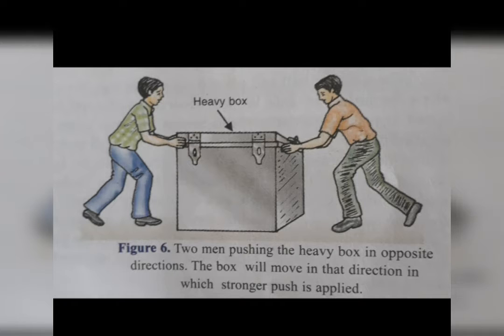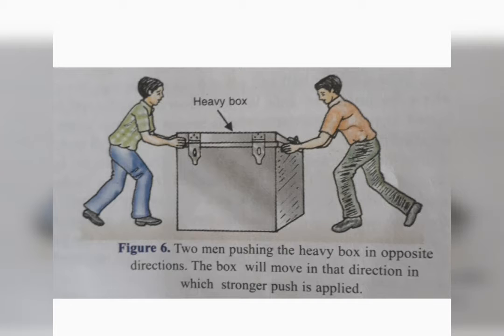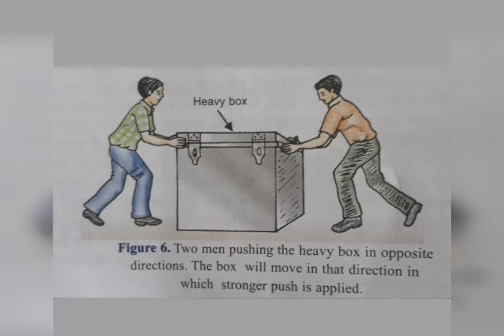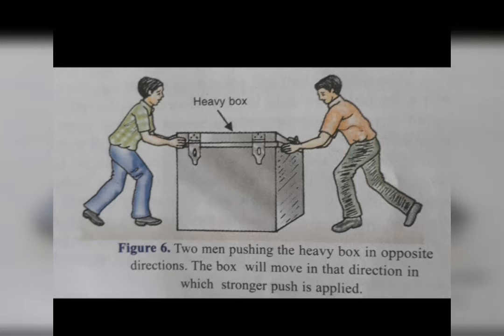We can say that the box will move in the direction in which the larger force is applied by the stronger man, right? Suppose the man pushing from the left side is applying the larger force, then the box will move towards the left side, right? Because the larger force is coming from that side.